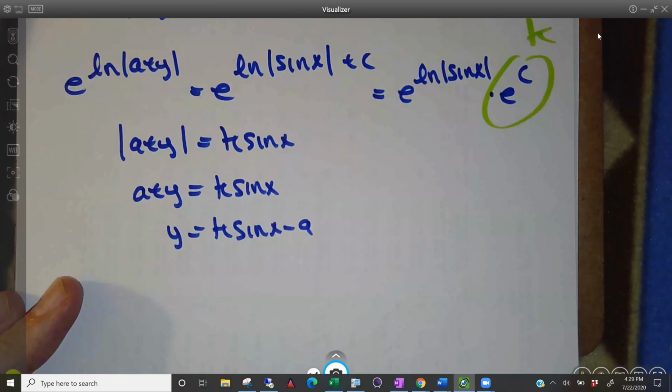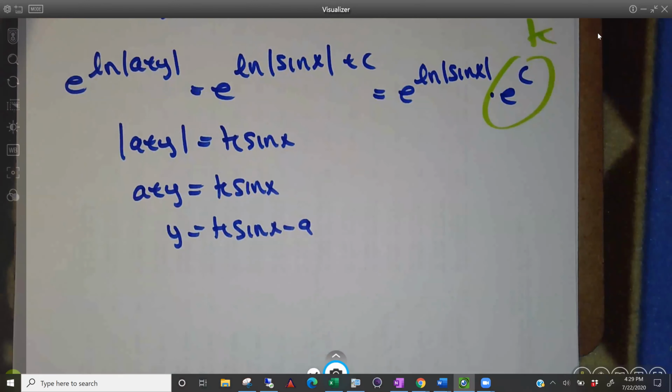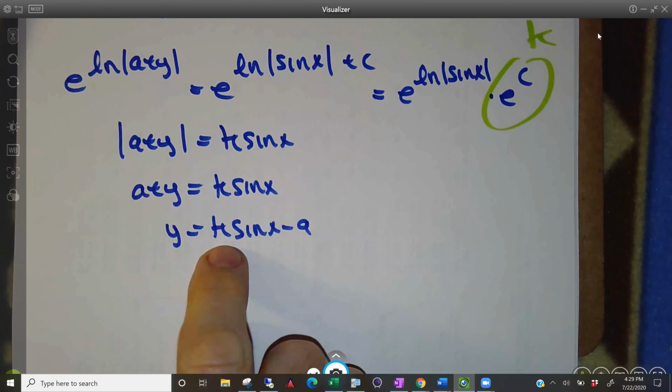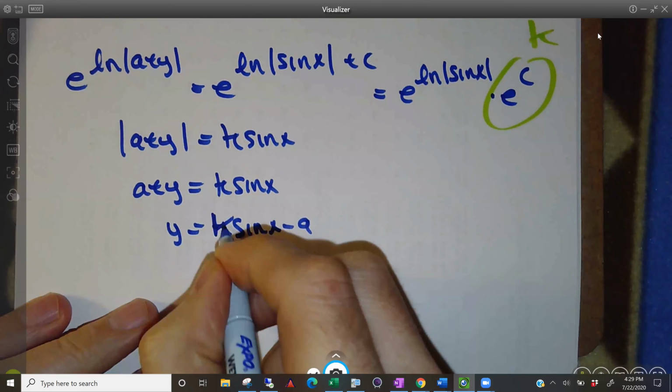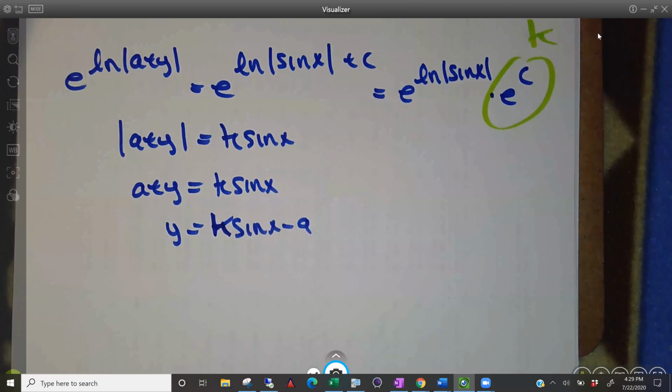Wow, a lot of work to get that. Let me pause here before we go back and solve for our initial value. Actually solve for k. And I know my k's are terrible. They look like h's. Sorry. That's okay.